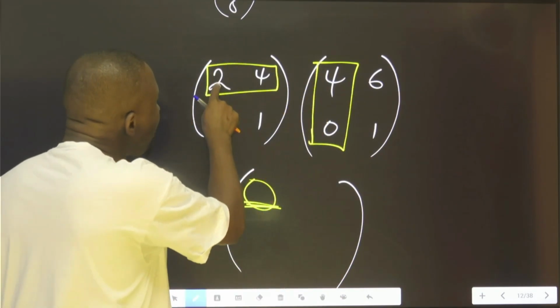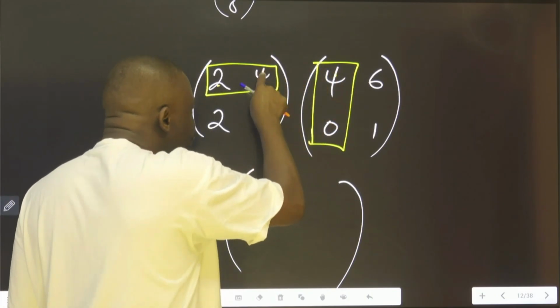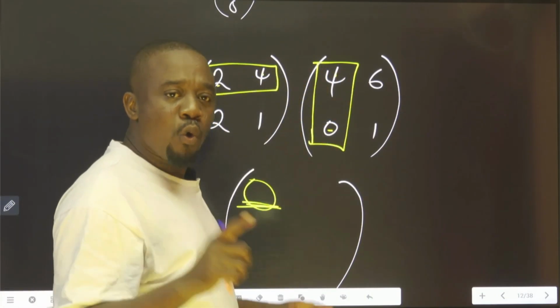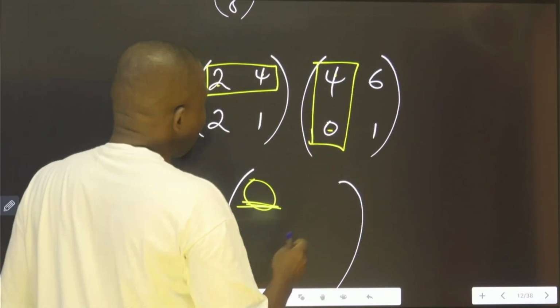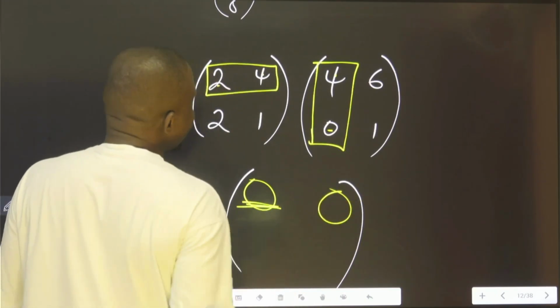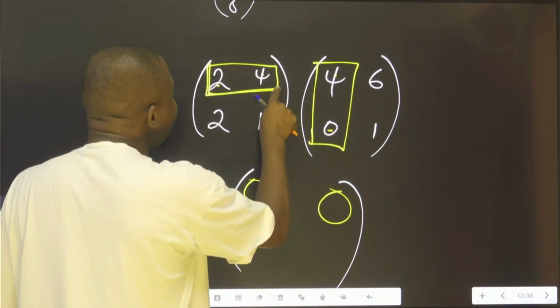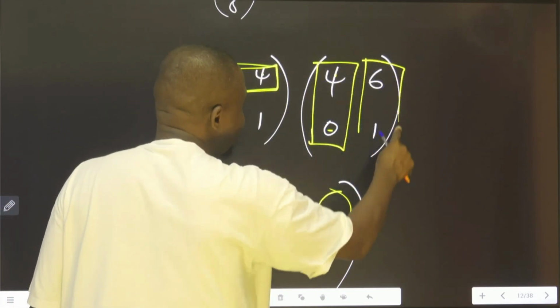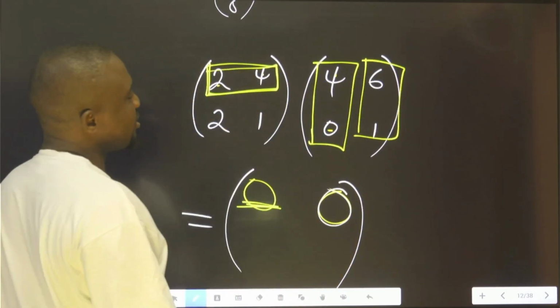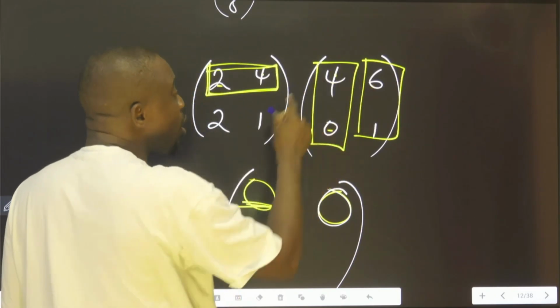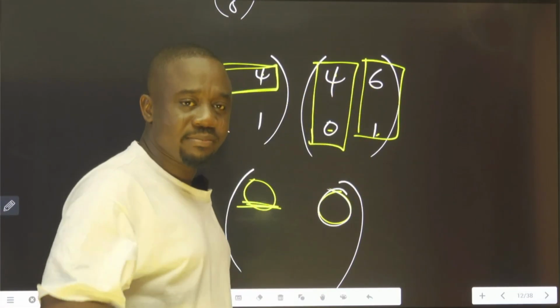That is 2 multiplied by this plus 4 multiplied by this. Once I am through with that, I will want to get this. That is, this again multiplied by this for this location. This multiplied by this plus this multiplied by this.